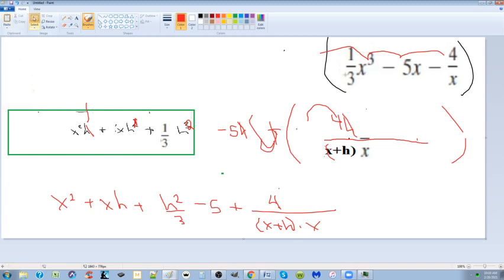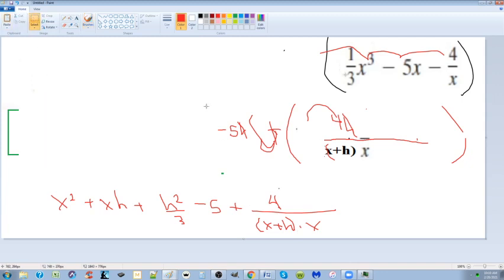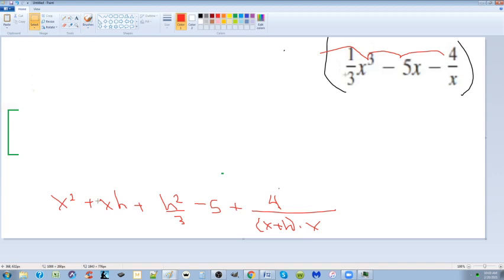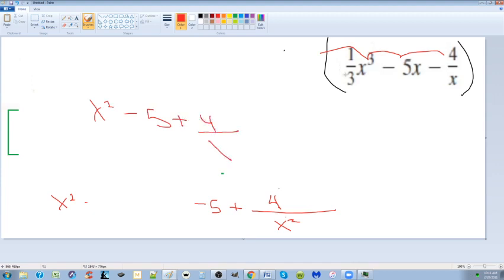Okay, when h approaches 0, I'm left with this. What does that become? 3x squared. So I'm left with x squared minus 5 plus 4 over x squared.